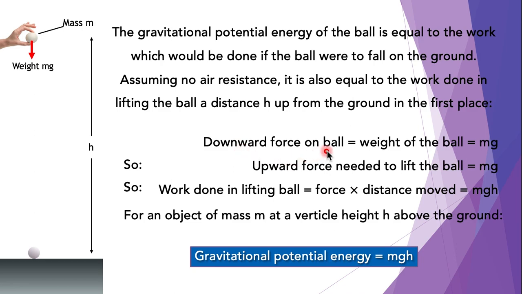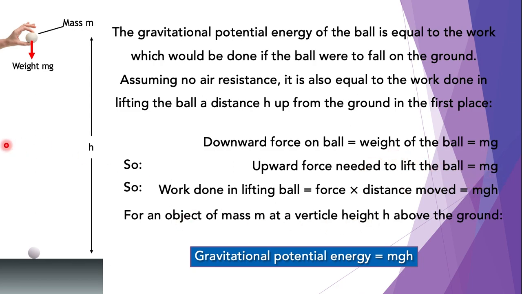The downward force on the ball is equal to the weight of the ball, and the equation we use to find the weight is mg, mass into gravity. So the downward force on the ball is mg, and the upward force needed to lift the ball is also mg.